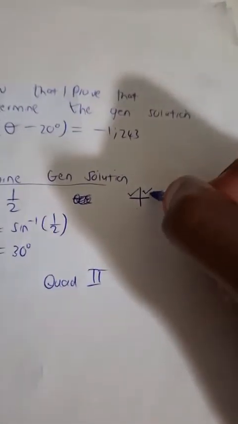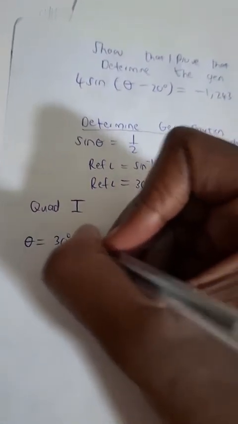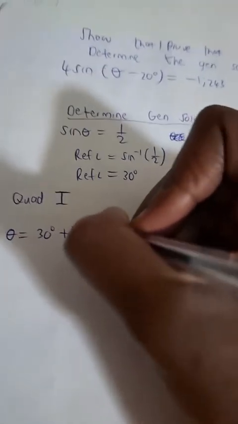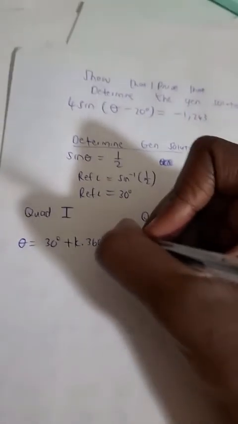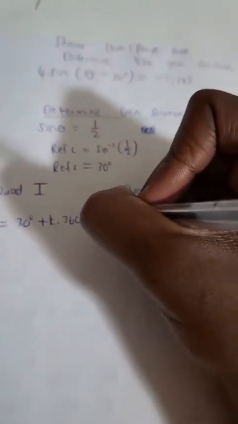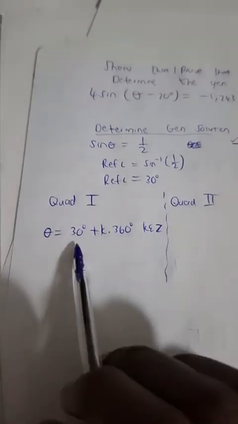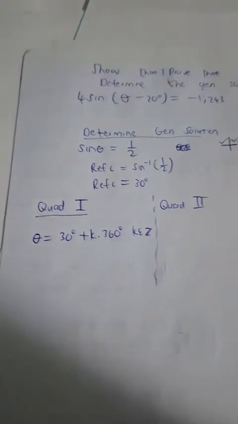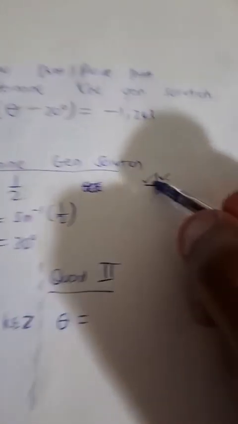Now obviously, in the first quadrant, that simply means that theta is equal to 30 degrees plus k of 360, where k is an element of integers. That's for our quadrant 1.